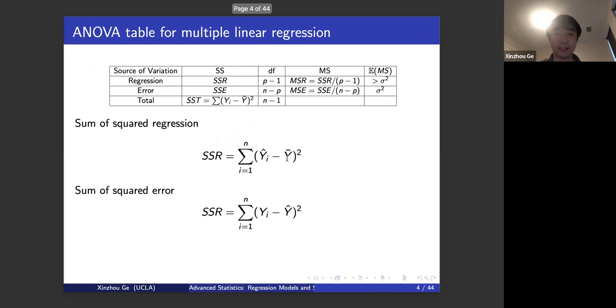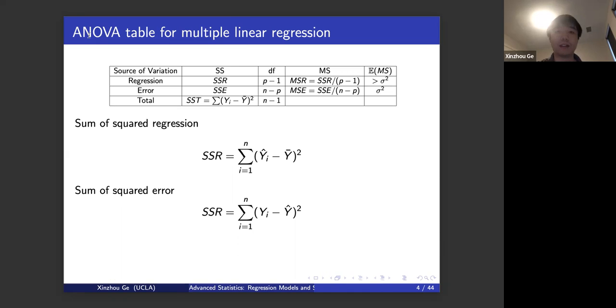Okay, and I think we have introduced ANOVA in the previous introduction to statistics workshop. But if you haven't attended that workshop, or if you are not so familiar with ANOVA, I'd like to introduce this again. So ANOVA is short for analysis of variance.